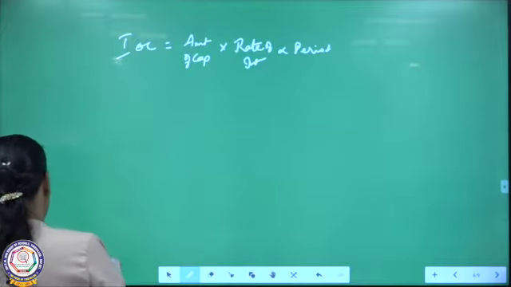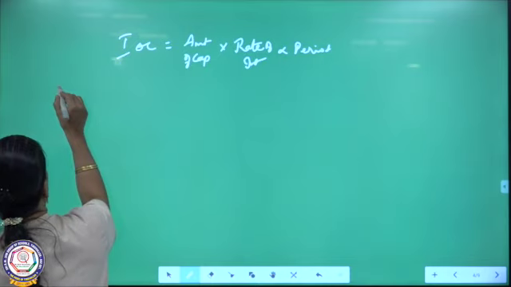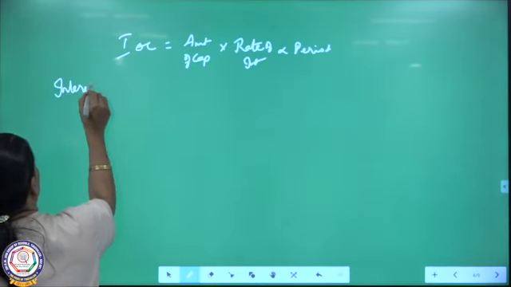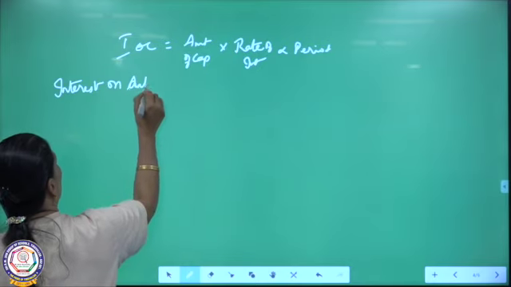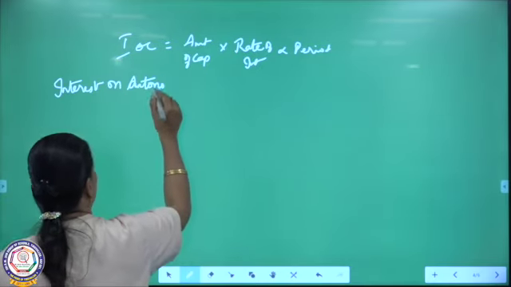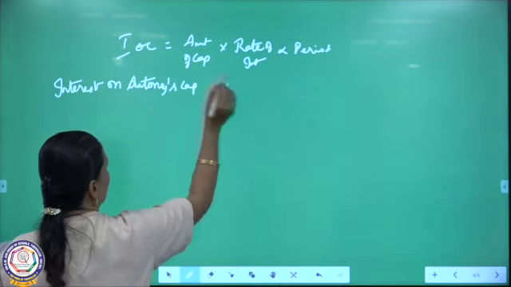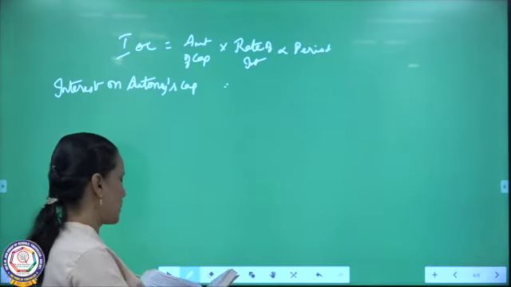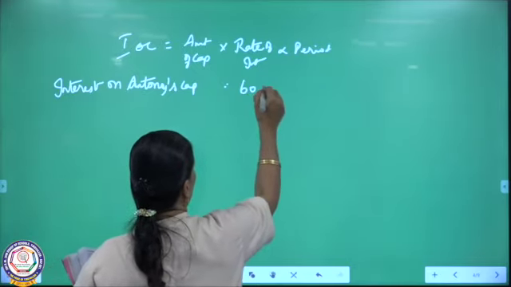So, first what we should do now, interest on Antony's capital we have to prepare. How much he contributed? 60,000.